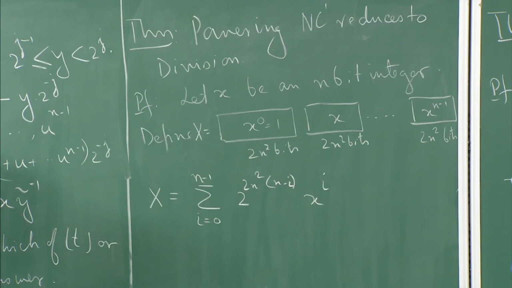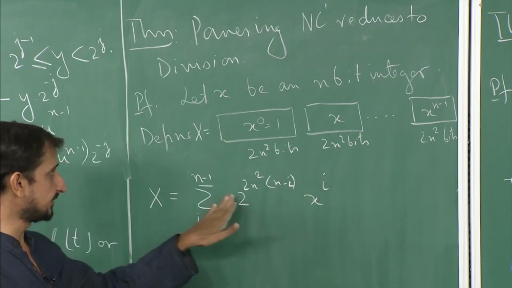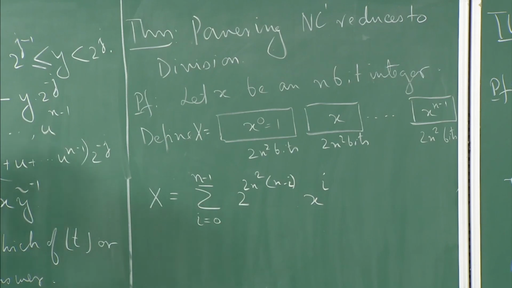So this is my scaling factor, which is getting shifted, times x to the power i.